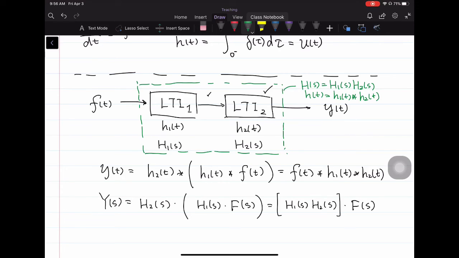It doesn't matter which way we go. The product of the transfer functions or the convolution integral of the two unit impulse responses will represent the overall combined effect of the two subsystems.